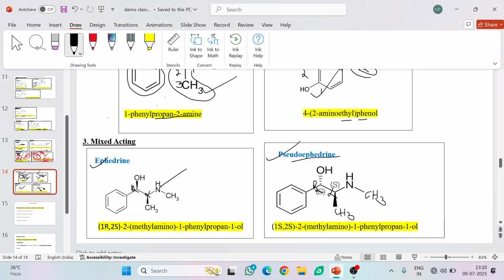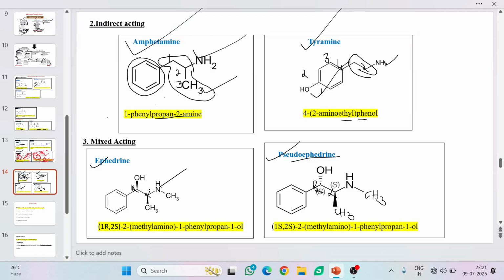Okay. So here 1R2S. This carbon is first. This is second. So 1R, the configuration of first carbon is R, second is of S. Then 2 methyl amino. This group, collectively we will call methyl with amino.